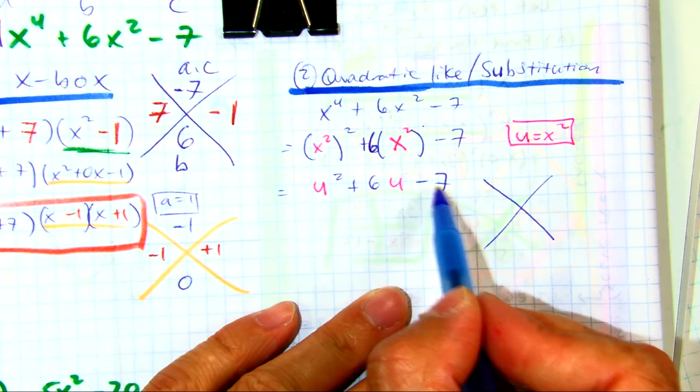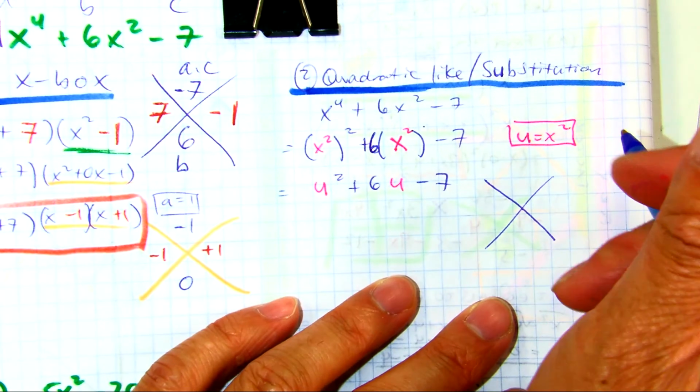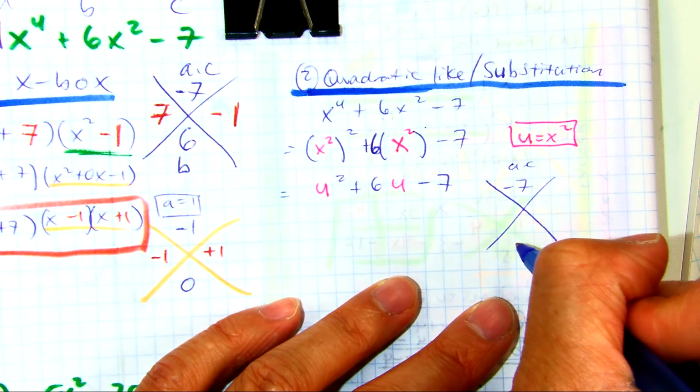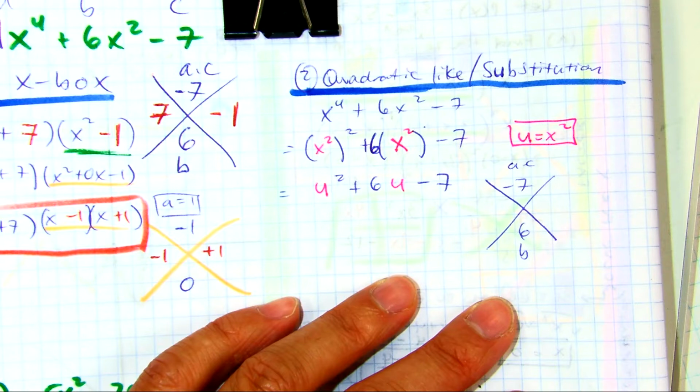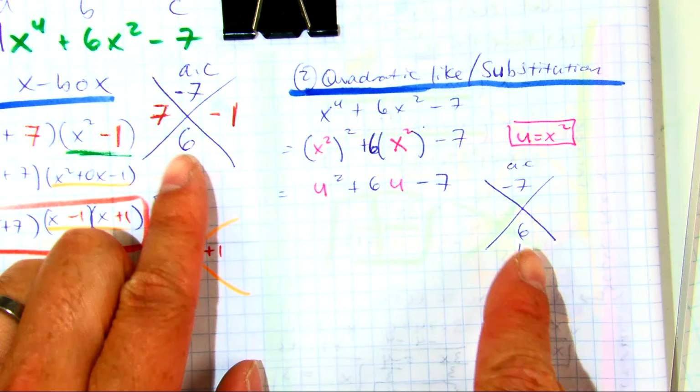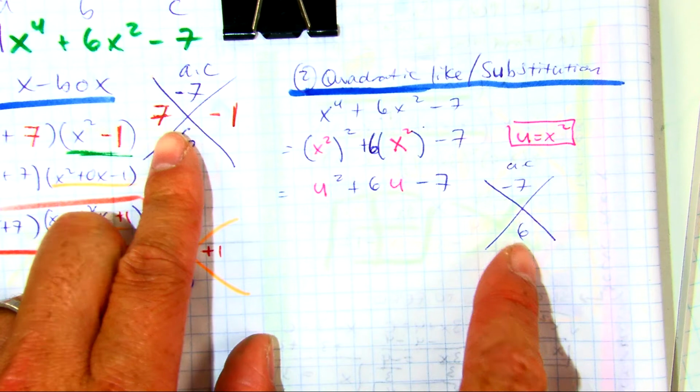In here, class, a times c. B value? 6. Two numbers that multiply to be negative 7, add to be 6. Oh, it's the same as from over here.